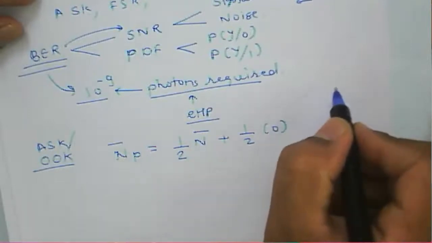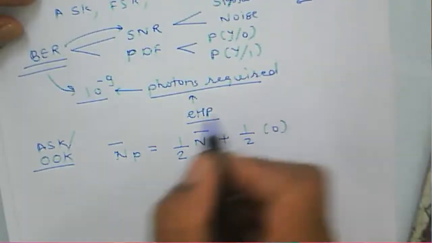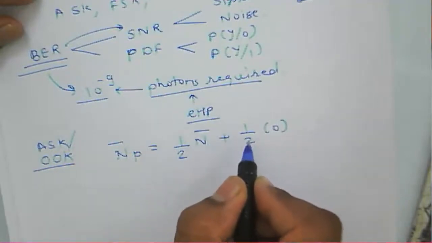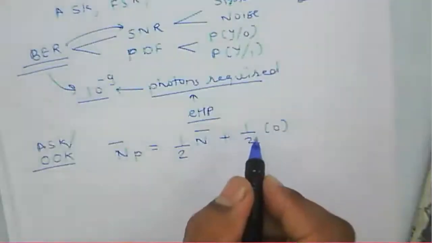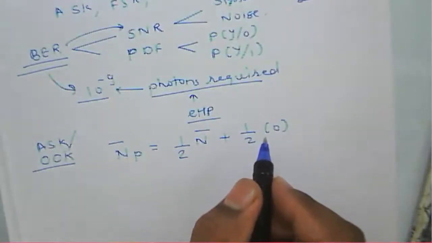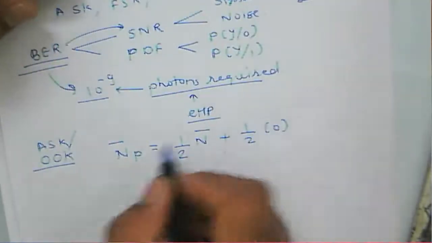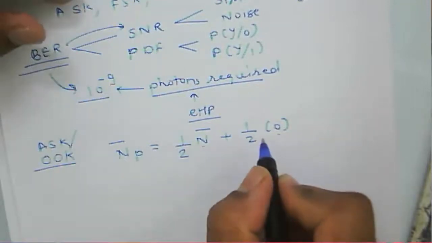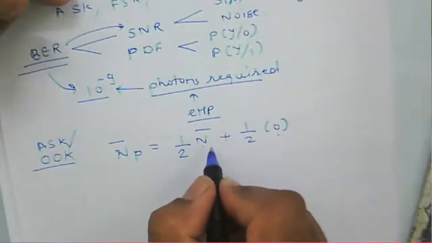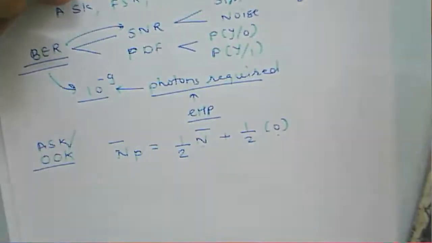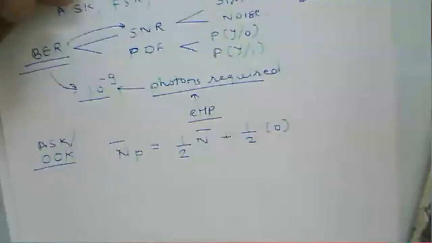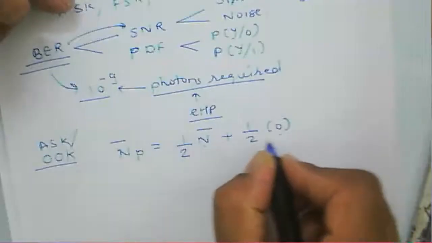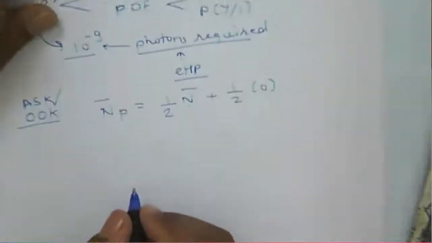That's why we have n dash and a zero, which create the electron hole pairs for pulse 1 and pulse 0. So n is pulse 1 and this is about pulse 0.